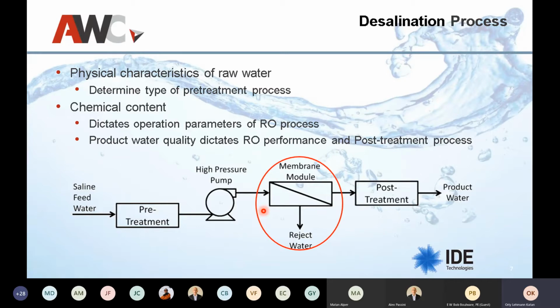And then the chemical content of the feed water will give us the kind of membrane configuration we want to choose, and will let us know if we need post-treatment to chemically stabilize the water, depending on where the water is going, if it's for drinking, agriculture, or an industrial use.